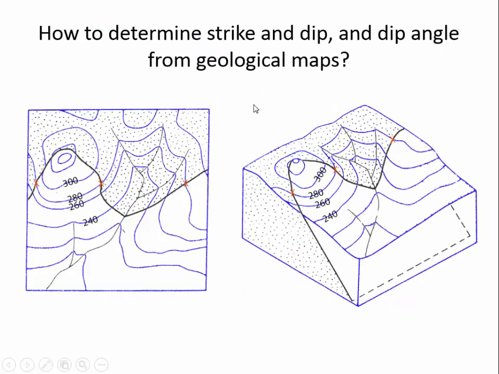So now let's put that into kind of practical application and try to determine the strike and the dip angle and the dip direction for this planar interface that we have considered before, this moderately dipping interface. The first step that you take to construct strike lines is that you look at topographic contours. You label these topographic contours.